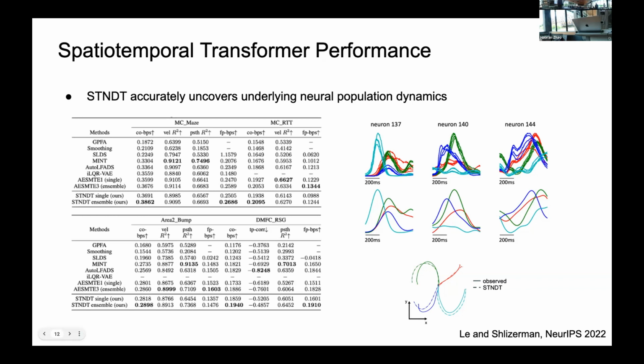We show that this spatial temporal transformer outperforms other state-of-the-art methods in recovering the underlying dynamics of the neurons. The state-of-the-art includes LFADS and NDT that we just mentioned before.